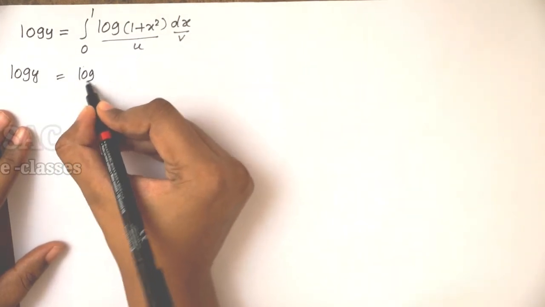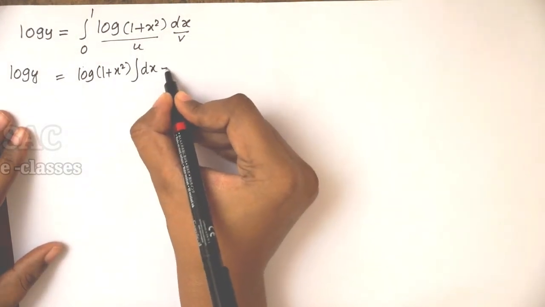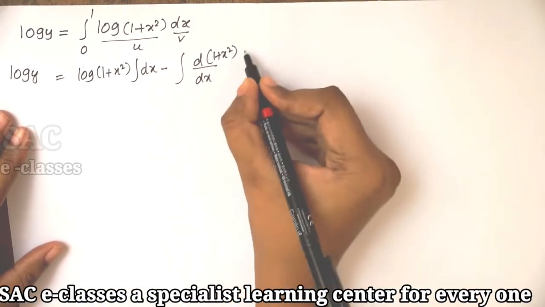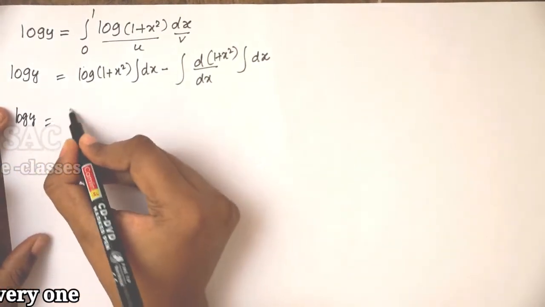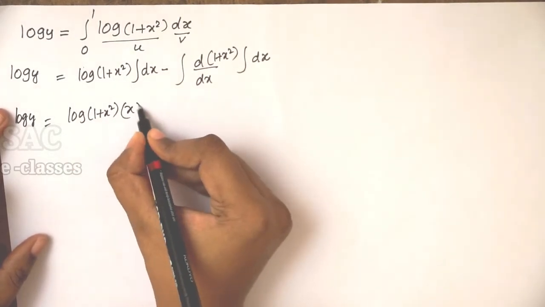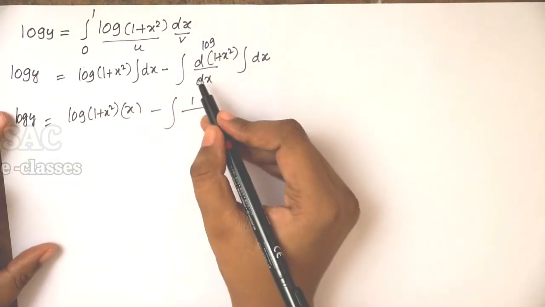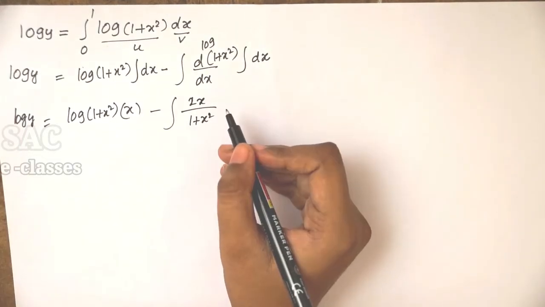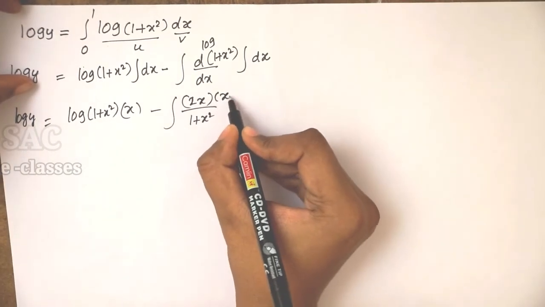So log of 1 plus x square integration dx minus the integral of d by dx of log of 1 plus x square times the integral of dx. Log y is equal to log of 1 plus x square into x minus the integral of the differentiation of log of 1 plus x square, which is 1 by 1 plus x square, with inner differentiation 2x, into x.